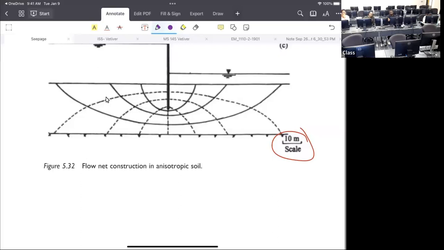One is where your K1 and K2 are different, two layers. And then where your KV and KH are different. So what happens if you have K1 and K2 and also KV and KH? You have KV1, KH1, KV2, KH2. How do you do that?